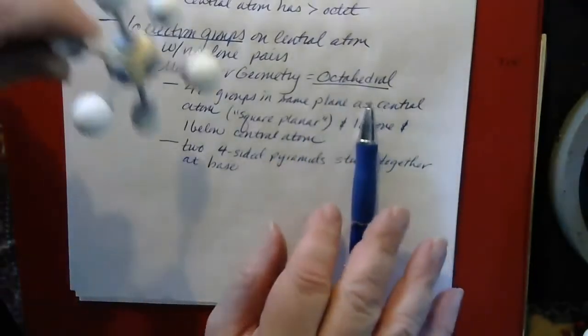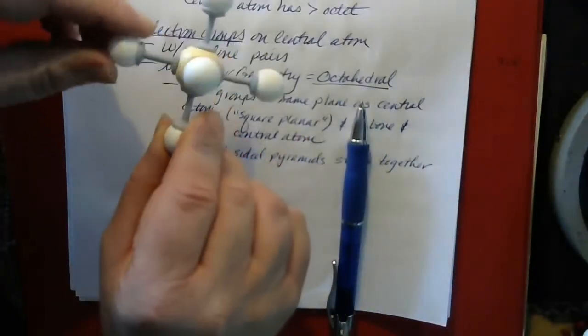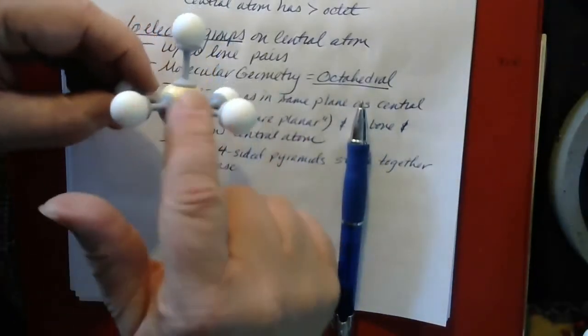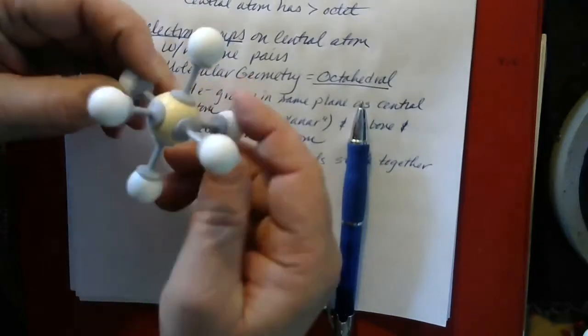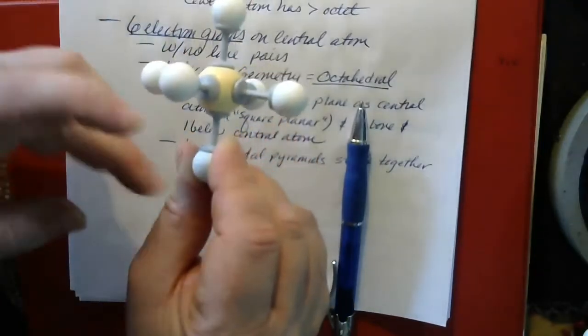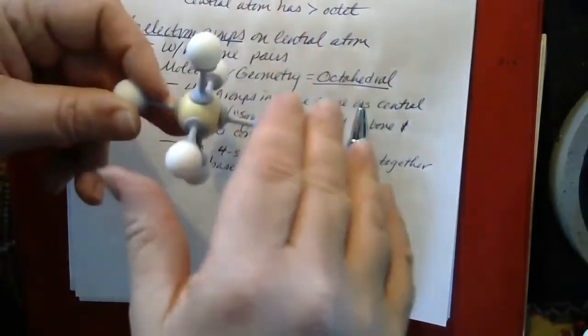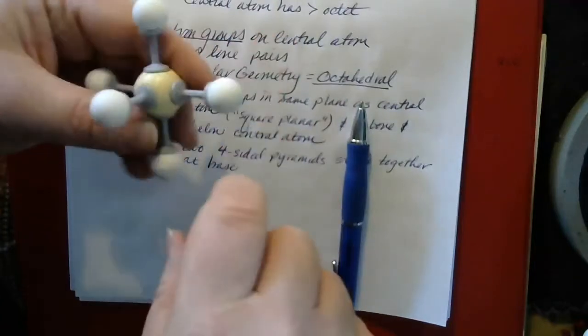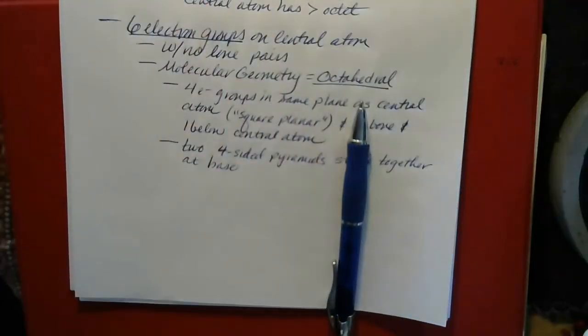It's called octahedral because it has 8 sides. I've made a model of one here, and you can see that in the same plane as the central atom, you have 4 outer atoms, and one directly above and one directly below. If you take this structure and fill in the sides, you get a 4-sided pyramid pointing up and a 4-sided pyramid pointing down.